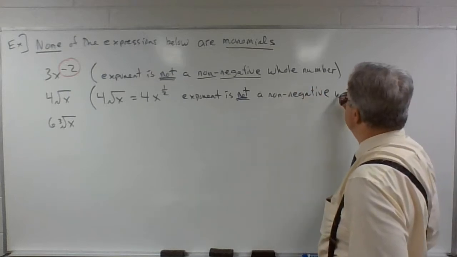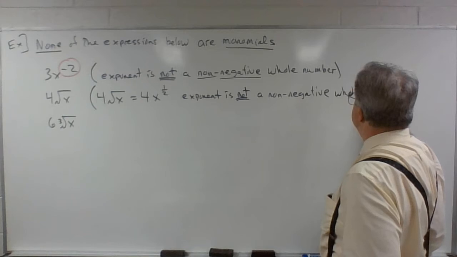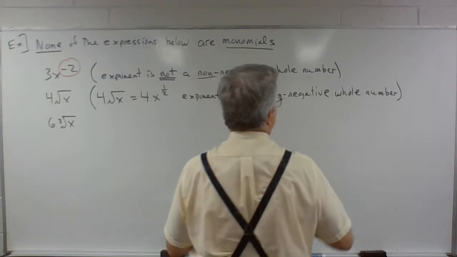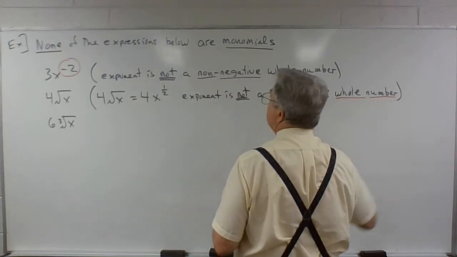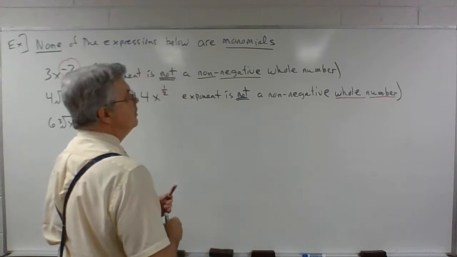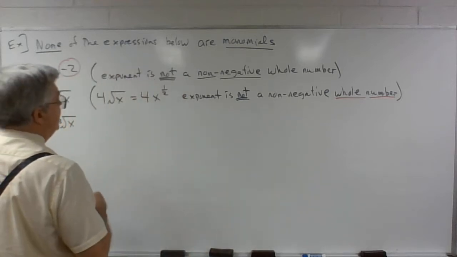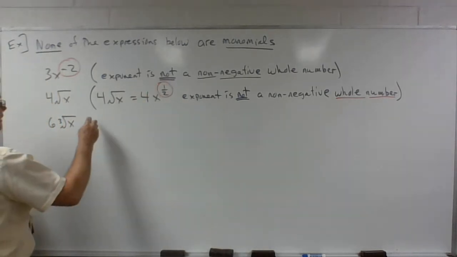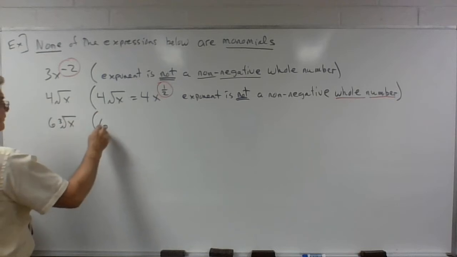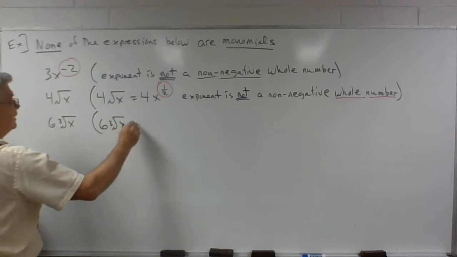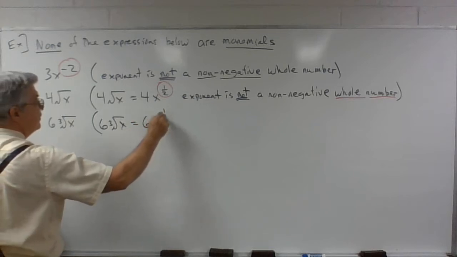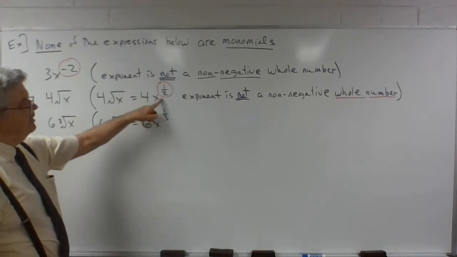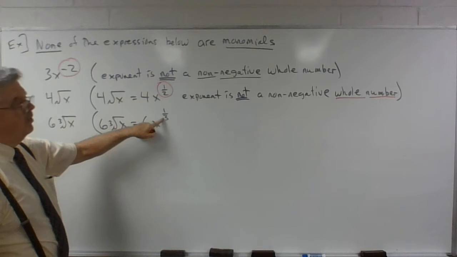It's not a whole number. The exponent is not a whole number. So that's the problem. And similarly, 6 cube root of x can be written this way, 6 times x to the 1/3. But we have the same problem here that we have up here. The exponent is not a whole number.